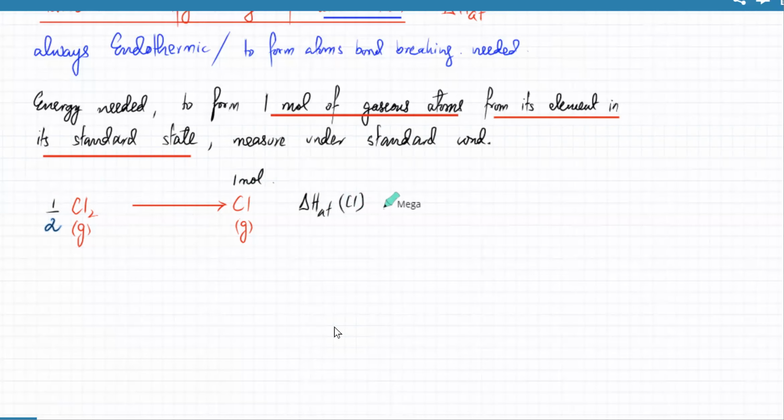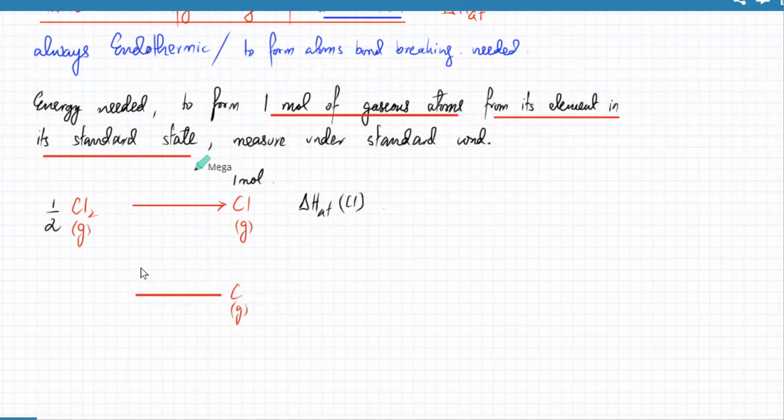So whenever you try to make 1 mole of Cl atoms from its element, that's enthalpy change of atomization. Energy would be needed because you would have to break the Cl-Cl bond. And similarly, you can do this for pretty much any element. Like, what's the enthalpy change of atomization of carbon? 1 mole of carbon gaseous atoms need to be formed from its element.